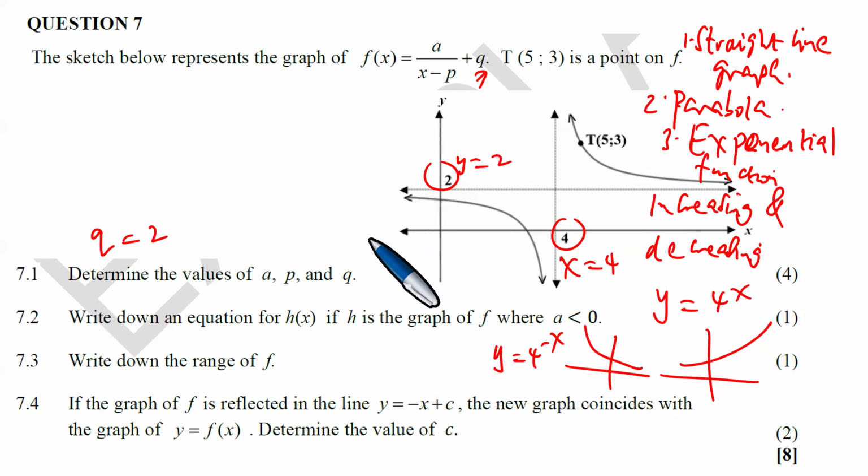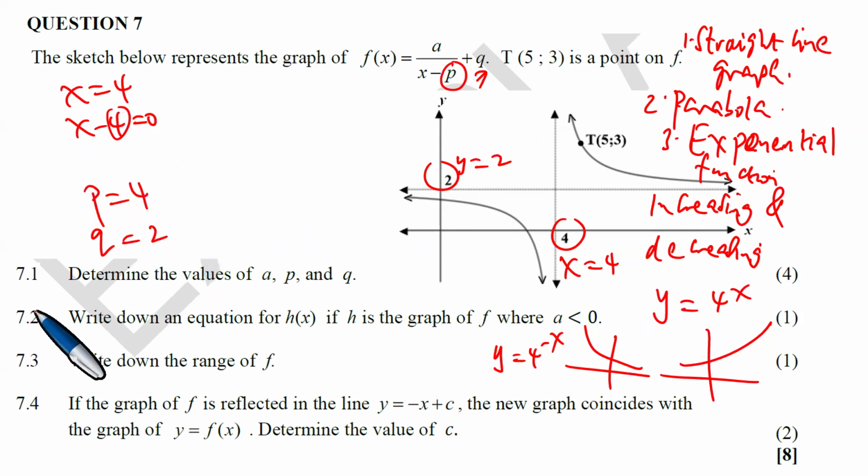Now, there's something also about the p, because at this point we have that x equals 4. So you write x equals 4, and then you write x minus 4 equals 0. Now the p is what sits here, and you can see clearly that p itself is positive 4. We found those, and it remains to find the numerical value of a.